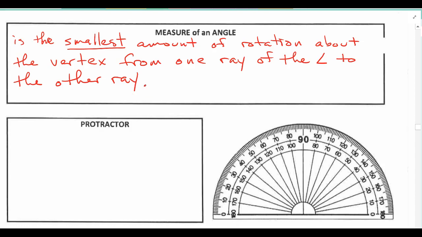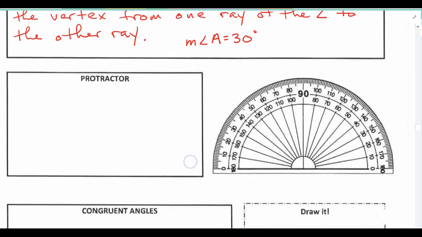All right, so for example, if I have an angle that's 30 degrees, we would say that the measure of angle A equals 30 degrees. Notice the little m there to show that we're talking about the measure of the angle. And I'm sure you've all seen a protractor, used to measure angles in degrees.